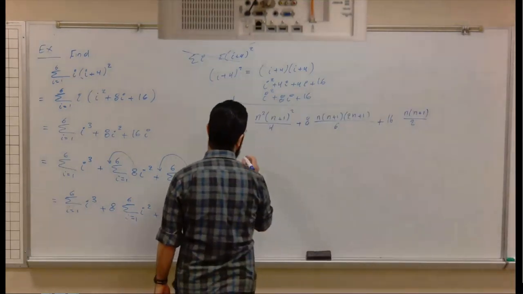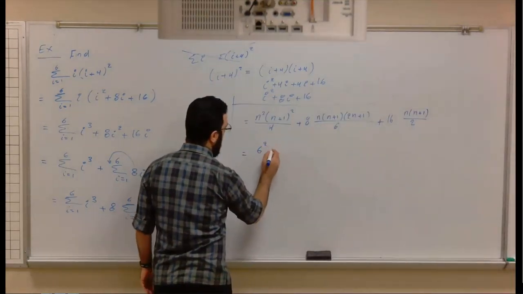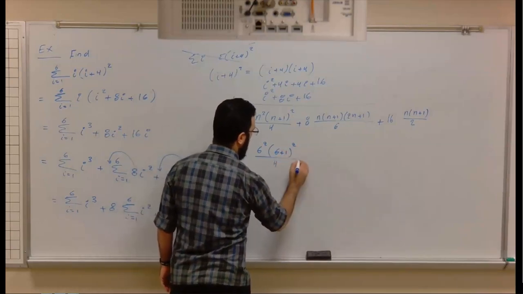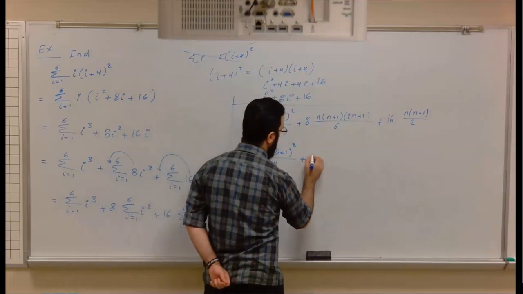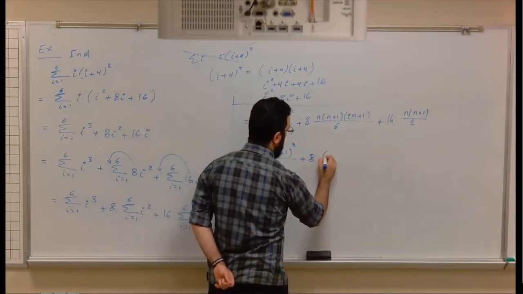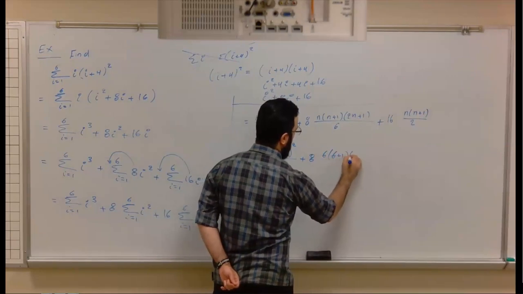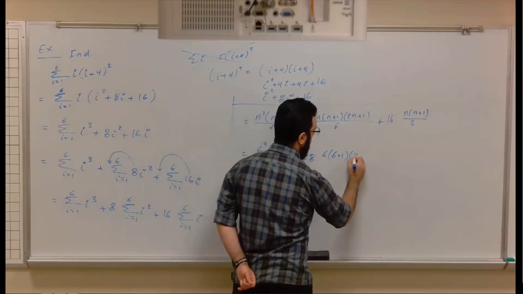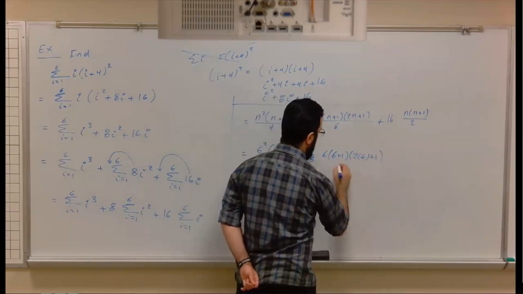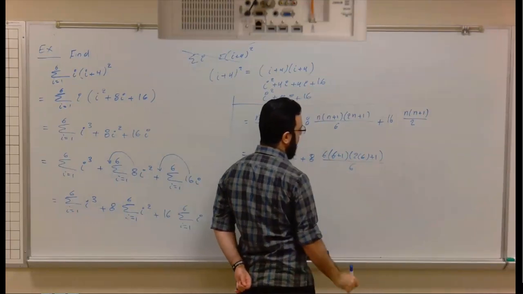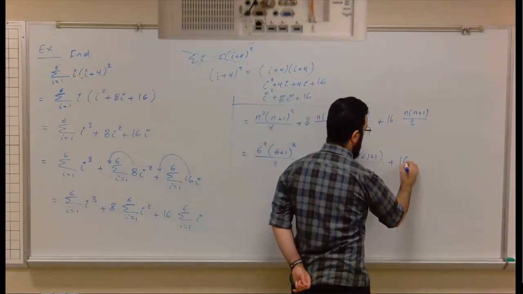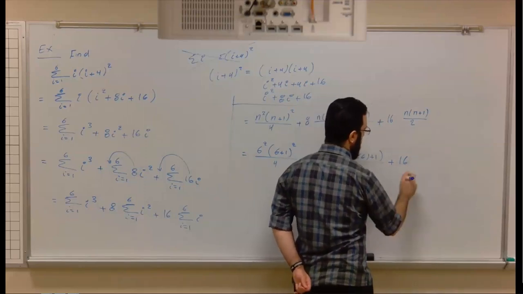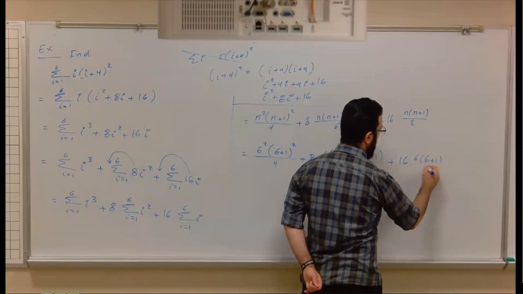Well, this one is going to be equal: this is 6 squared times 6 plus 1 squared divided by 4, plus 8 times 6 times 6 plus 1 times 2 times 6 plus 1, divided by 6, plus 16 times 6 plus 1 divided by 2.